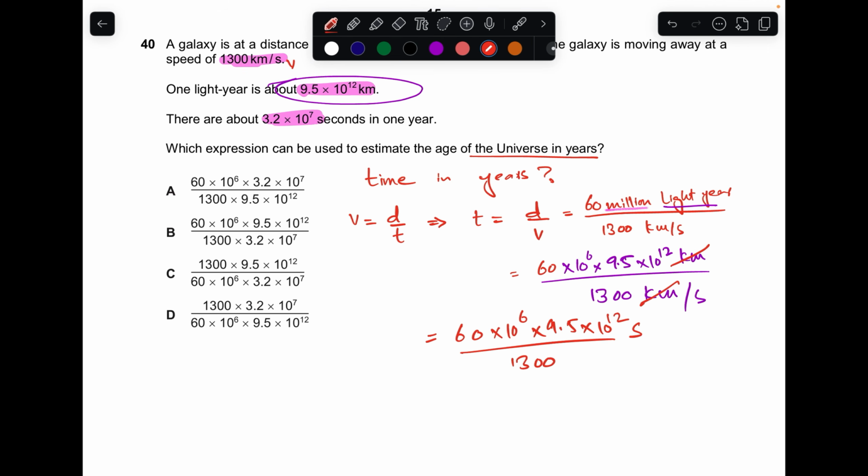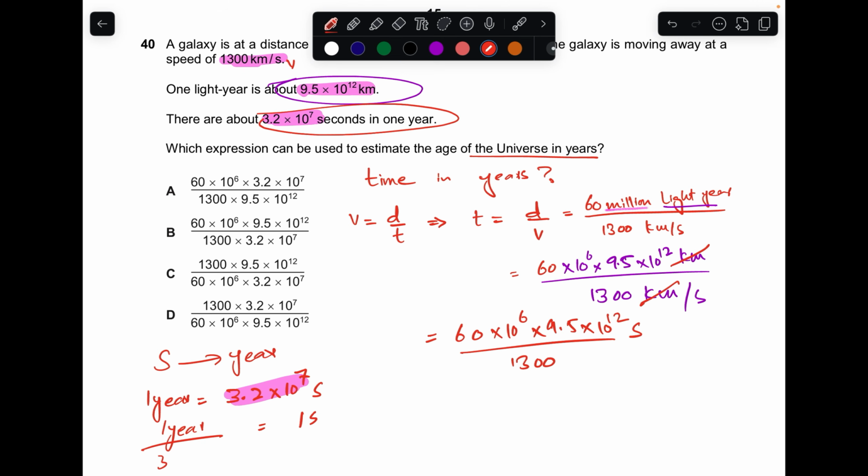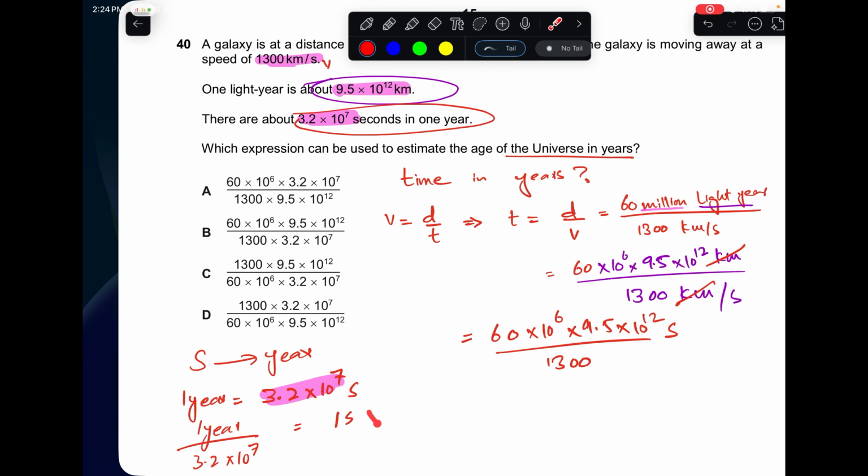How can we change seconds to years? We know 1 year is 3.2 times 10 to the power 7 seconds. So if I take this whole thing to the other side, I can write 1 second is equal to 1 year divided by 3.2 times 10 to the power 7. I can put this here.